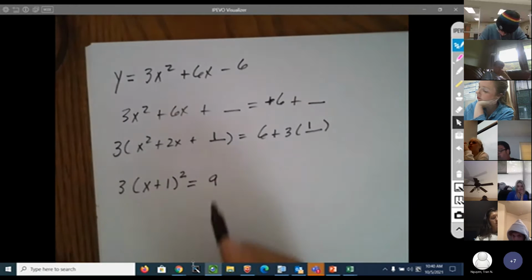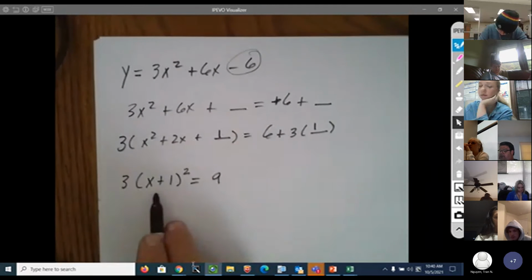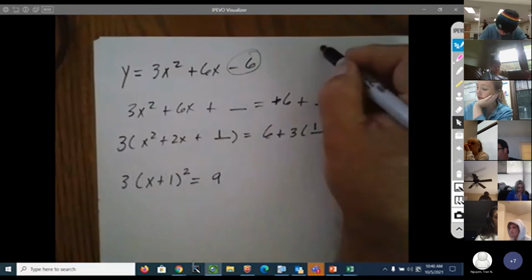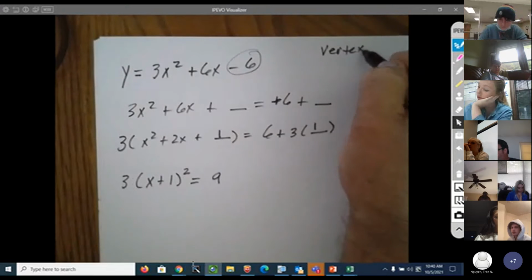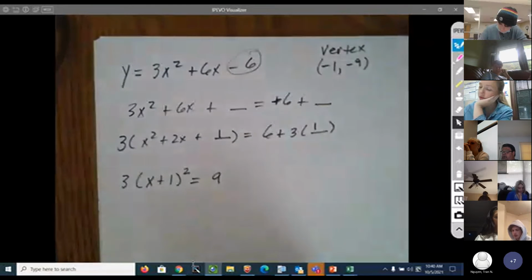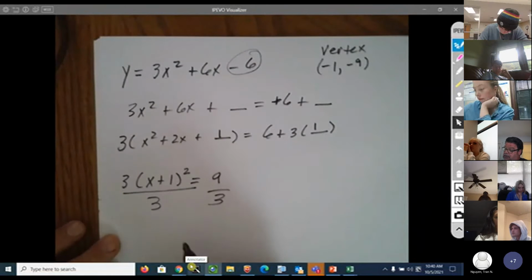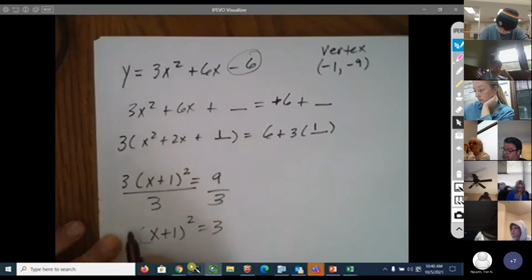And here's the vertex right here. You got your y-intercept right here. Vertex is -1, -9. So technically, but I'm going to go ahead and finish. 3 times x plus 1 quantity squared is equal to 3.